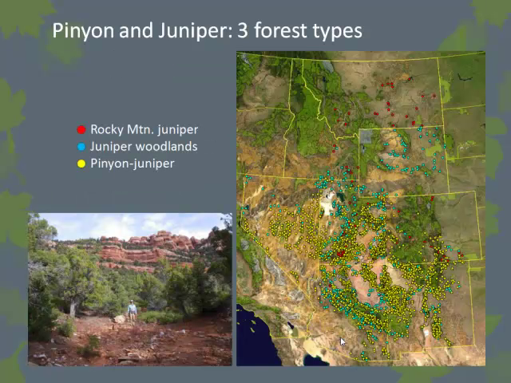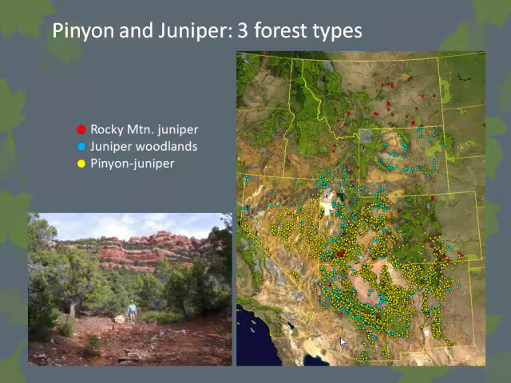So first I'll talk about pinyon and juniper. As Justin mentioned in the last presentation, FIA breaks pinyon and juniper woodlands into 3 main forest types. The first is Rocky Mountain juniper. That's the least abundant within this 8-state area. It's pretty widespread though, reaching northward into Montana, shown in red here.